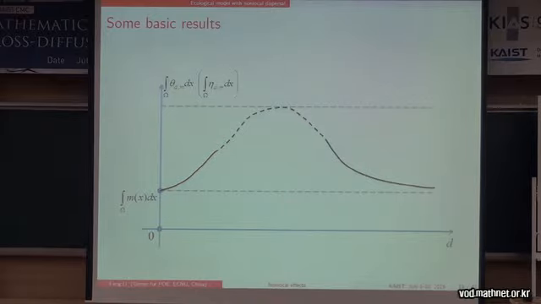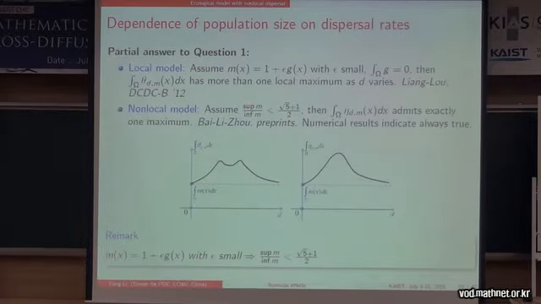We just don't know how many local maxima. Not global, just local. For the global maximum, it must be achieved somewhere in between. For the local maximum, we don't know how many, but in the local case, at least two.